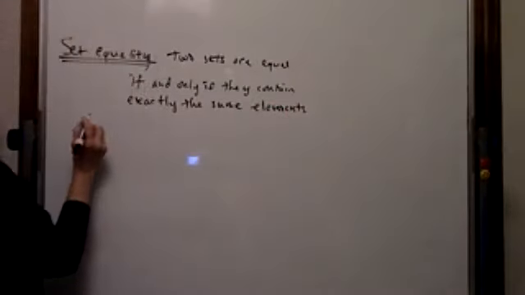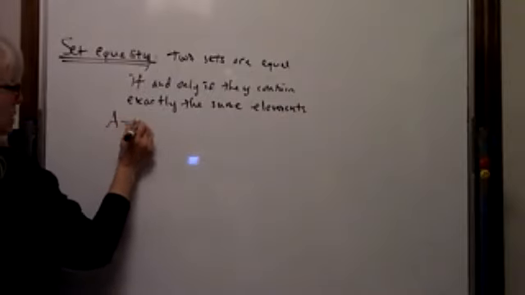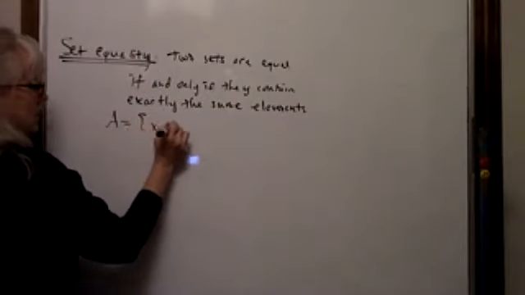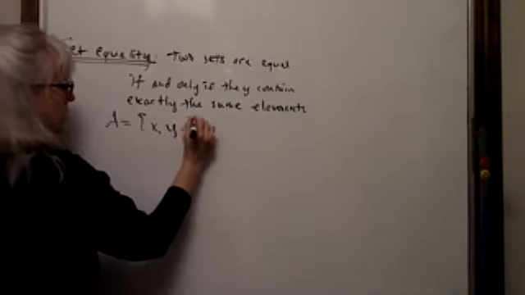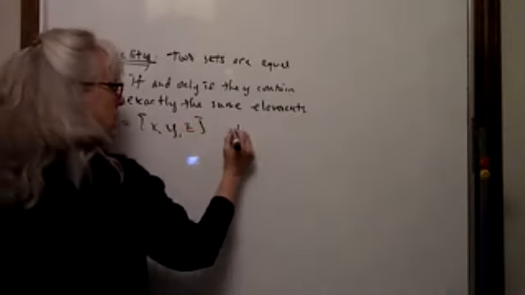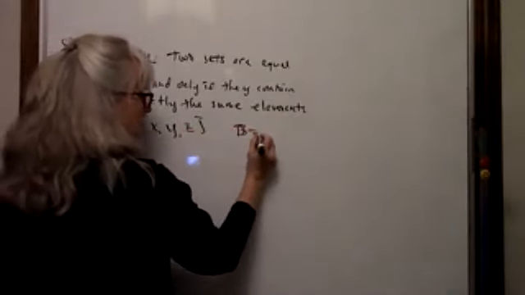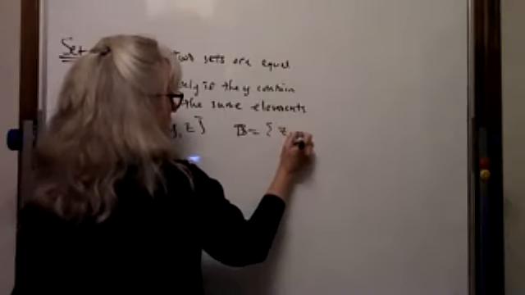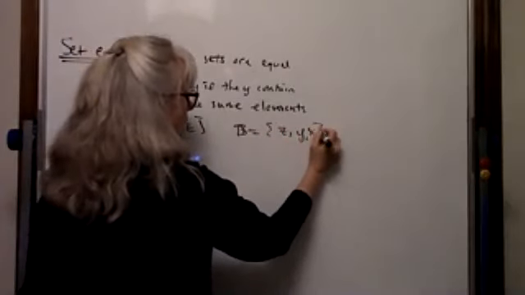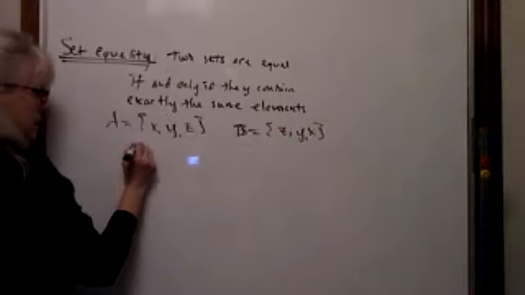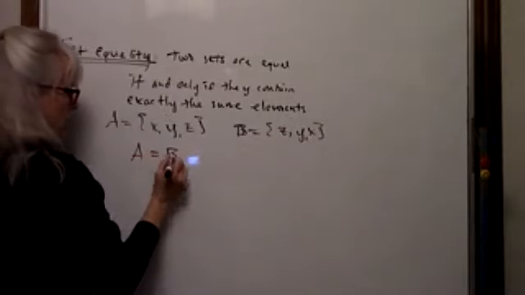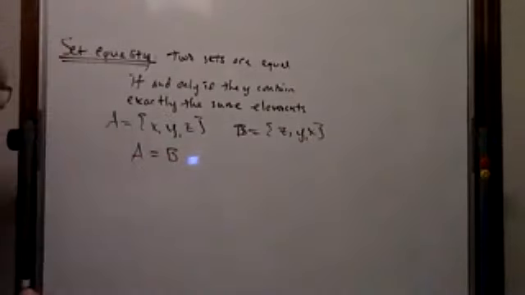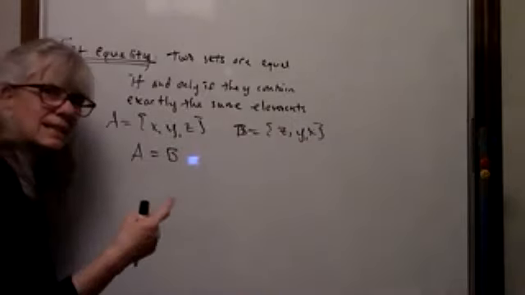In other words, if I come in and say that A is the set made up of X, Y, Z, and I say that B is the set Z, Y, X, then I can simply state that A is equal to B because they contain the exact same elements. You don't need to list repeated elements.